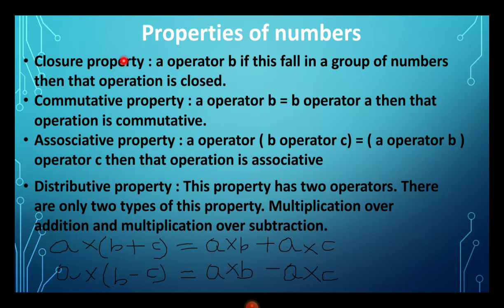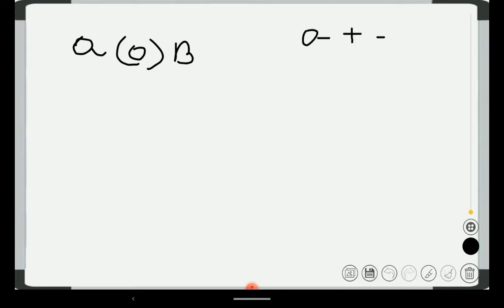Properties of numbers. Closure property. If A operator B falls in a group of numbers, then that operation is closed. Let's look at this in detail. The operators are plus, minus, multiply, and divide.